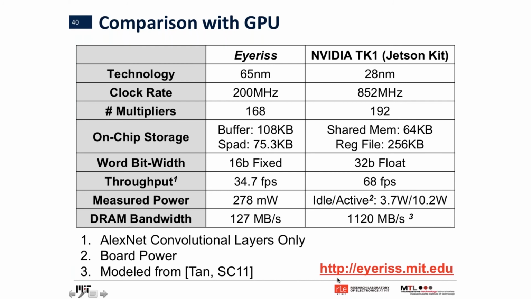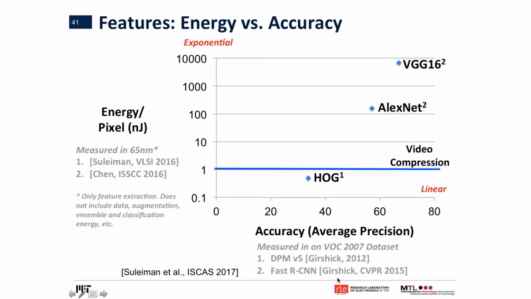But the one thing I want to highlight is that despite having specialized hardware for deep neural nets, which is the Eyeriss chip, we've plotted in this case the accuracy versus energy, looking at AlexNet and VGG on the Eyeriss chip. When you compare that energy versus, let's say, video compression, which is present in all devices that have some kind of sensor, or the energy that you would consume for doing HOG feature extraction, we're talking about an orders of magnitude gap in terms of energy.